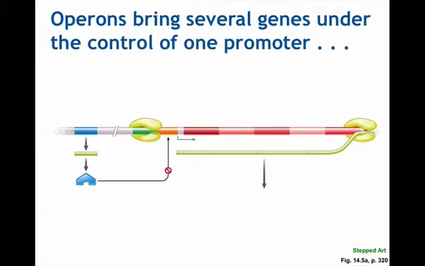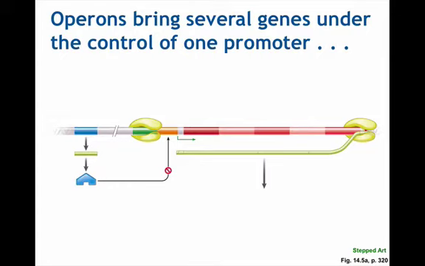So why not put 3 or 4 genes under the control of the same promoter? Cool. That's all an operon is. It's just several genes under the control of one promoter, instead of each gene having its own.